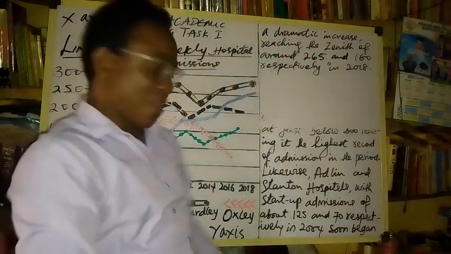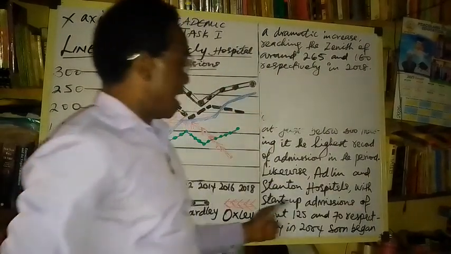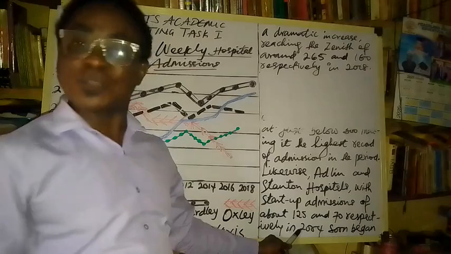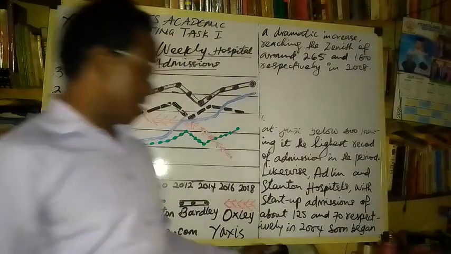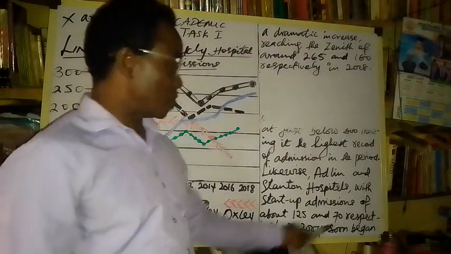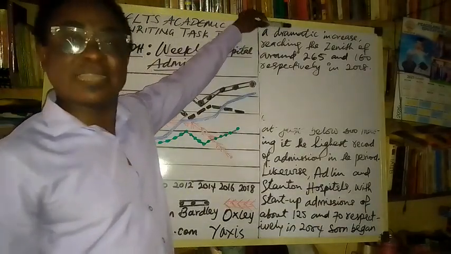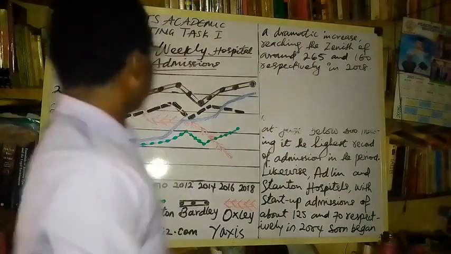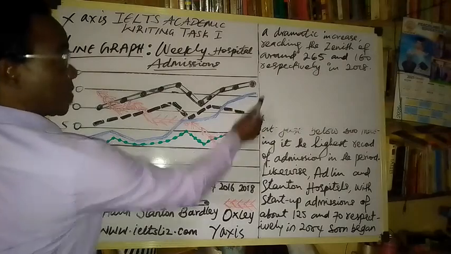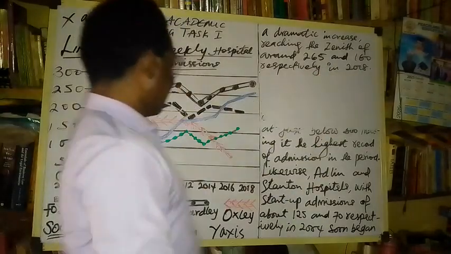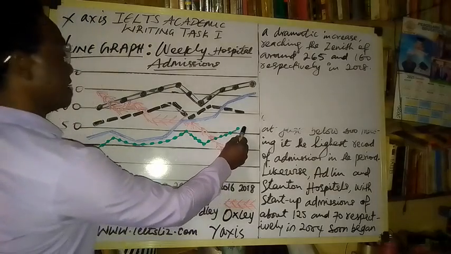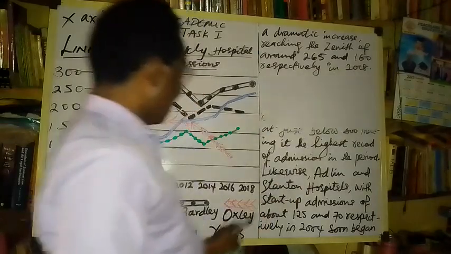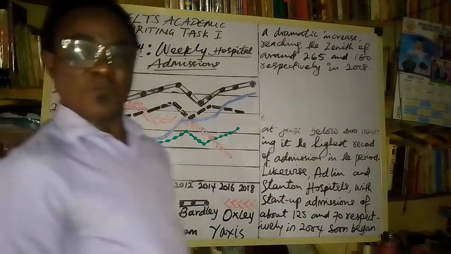So continuing from where we had stopped, it says Adeline and Stanton hospitals with startup admissions of about 125 and 70 respectively in 2004 soon began a dramatic increase, reaching the zenith of around 265 and around 160 respectively in 2018.